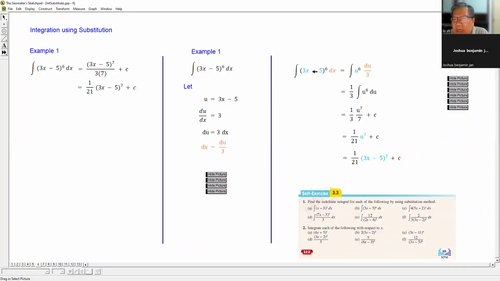You replace 3x minus 5 with u. You replace dx with du over 3. No differentiation, no integration yet. Just substitution. Substitution means you replace the original one with something new. So this is replacement. Replace this with this. What is your question?